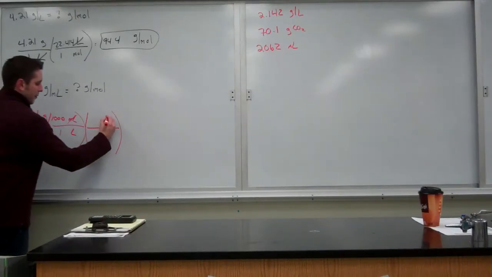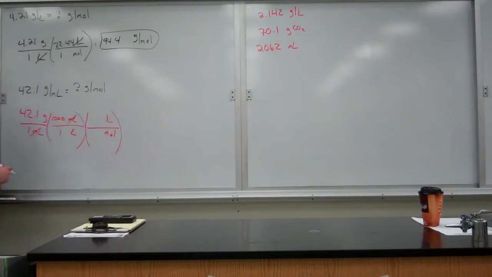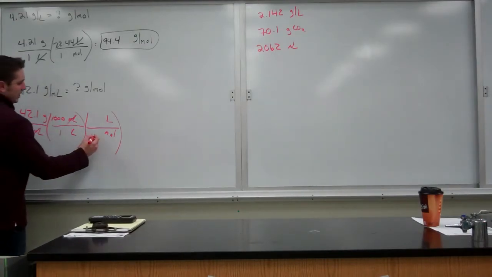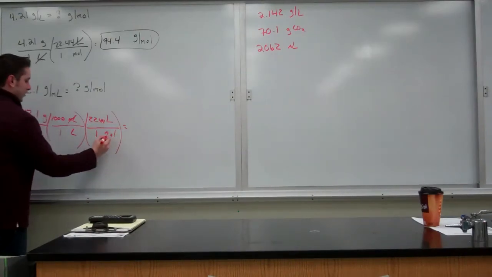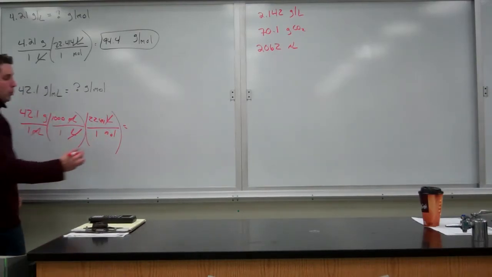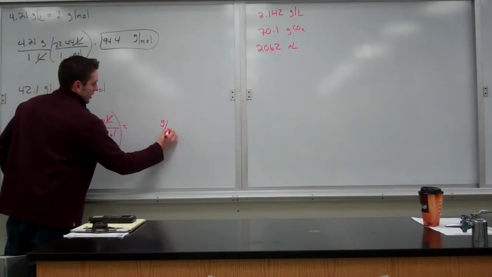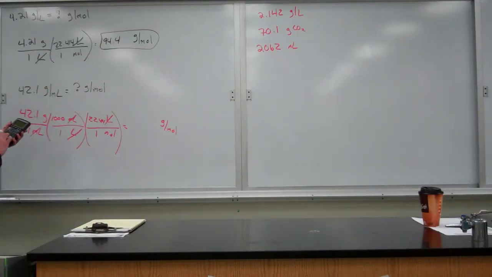Cancel my liters from the bottom by putting it on top, and I try moles a second time. This time I run into two things that I do have a relationship between. 1 mole has 22.414 liters. My unit will be the same. Grams and moles don't cancel, so we get grams per mole. And now we take our 42.1 times 1,000 times 22.414.